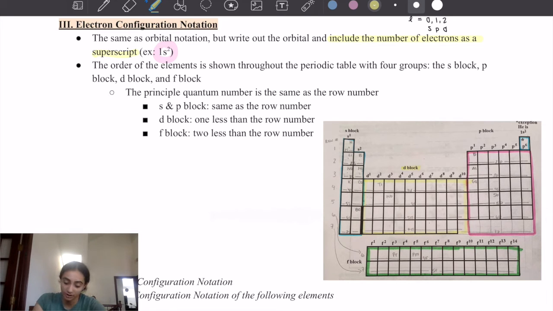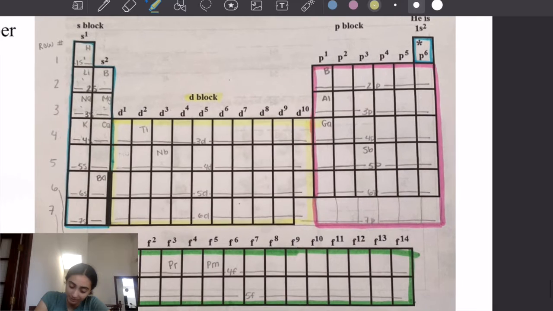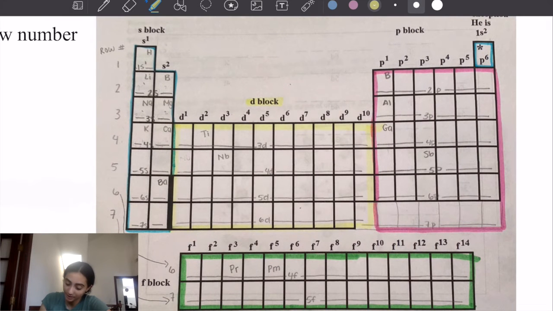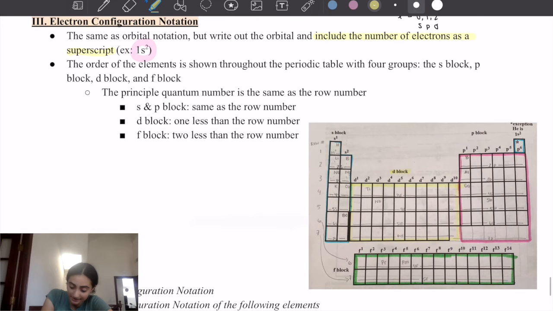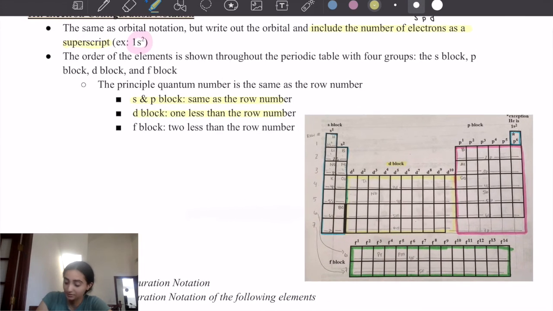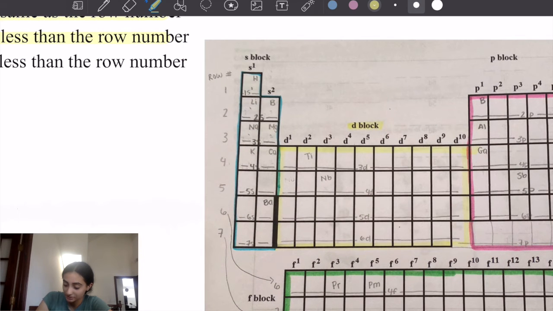So if you look at my drawing, we have the S block, the D block, P block, and F block. So the S and P block are the same as the row number, like 1s, 2s, 3s, 4s. The D block is 1 less than the row number. So as you can see, the row with titanium in it would be 3D, 4D, underneath 5D, then 6D, even though 6D is in the 7th row.